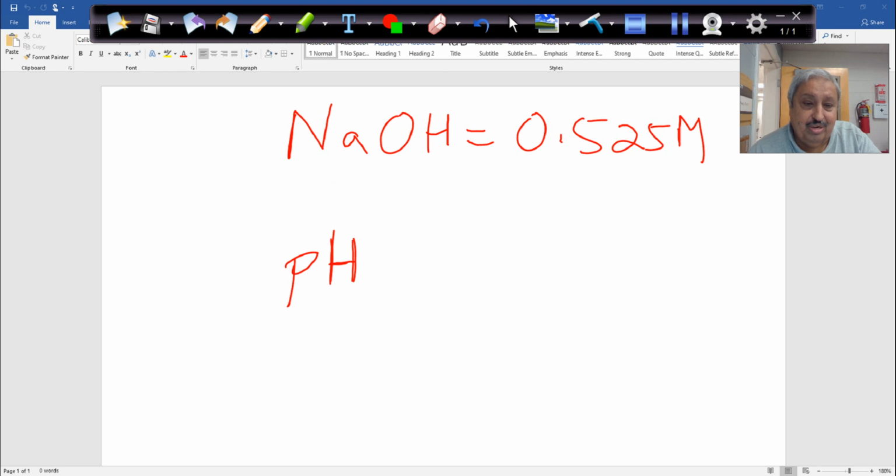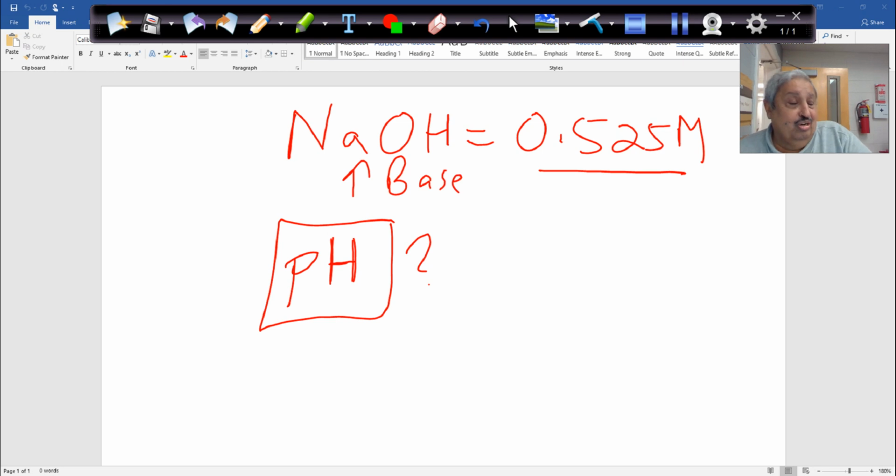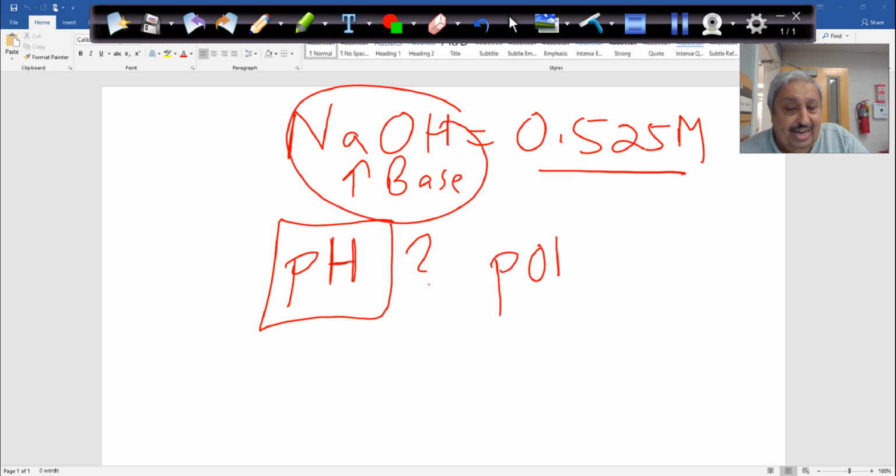So this one here, you cannot take just the direct pH. So we are looking for the pH. So I cannot say the pH of the solution is this value. This is a base, correct? Strong base. So I have to get the value of this, because this is a base, it will be pOH.